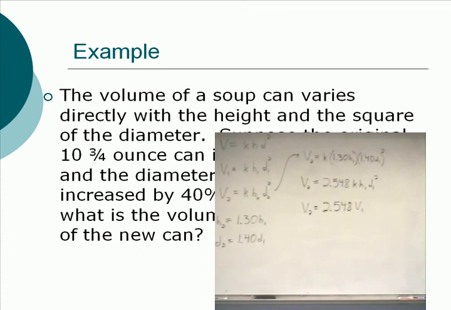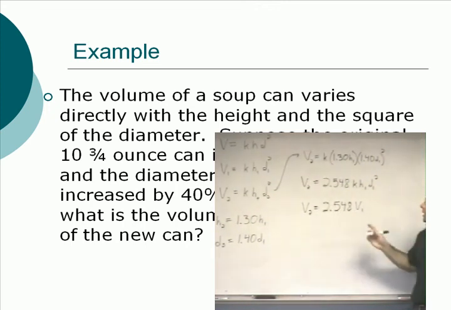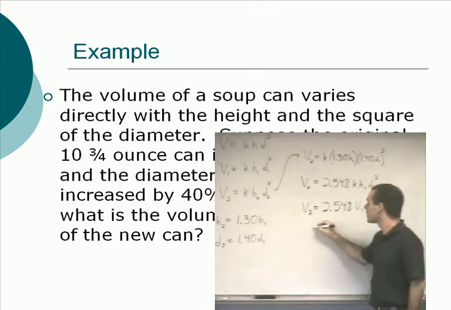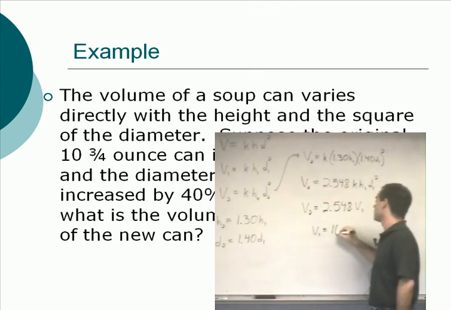So this isn't what the question asked, but it's worth noting. By what percentage does the volume increase because of these two changes? Well, it's 254.8% of what it was, so it went up 154.8%. But that's not what the question is asking. The question says, what is the volume of the new can? What was V1? V1 was 10.75 ounces.